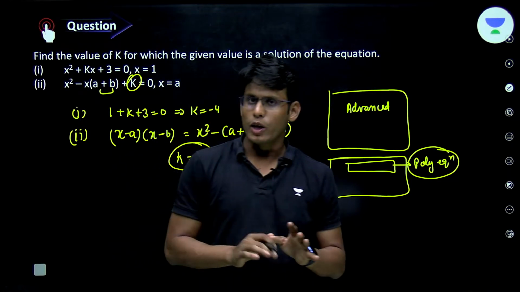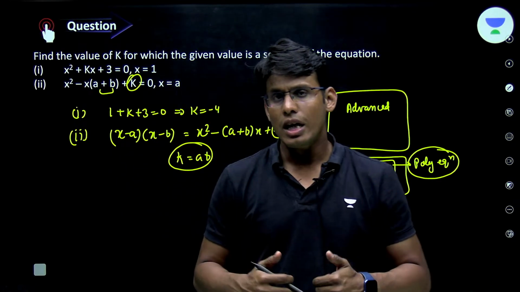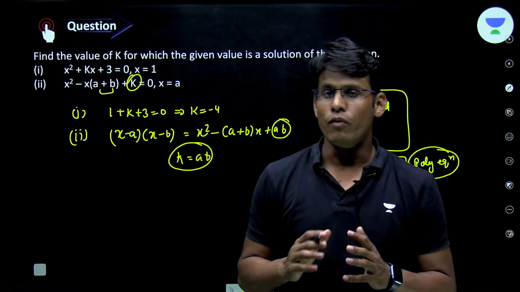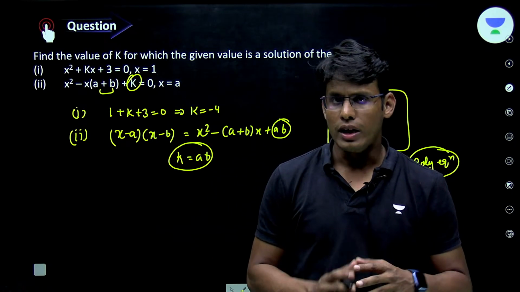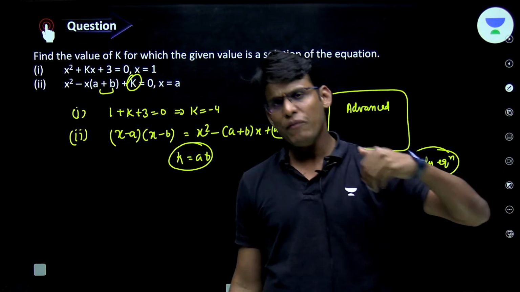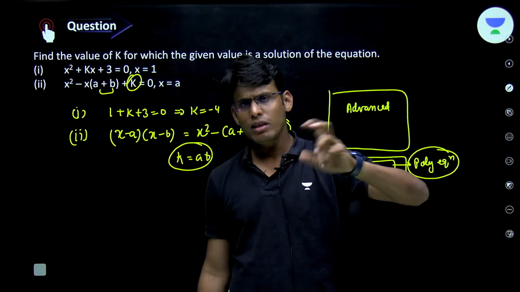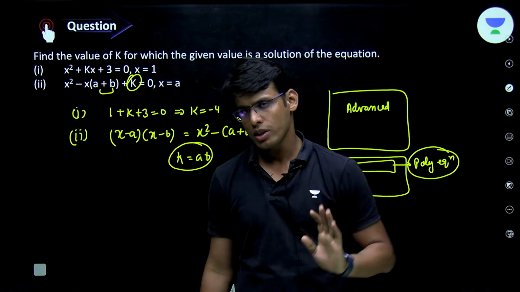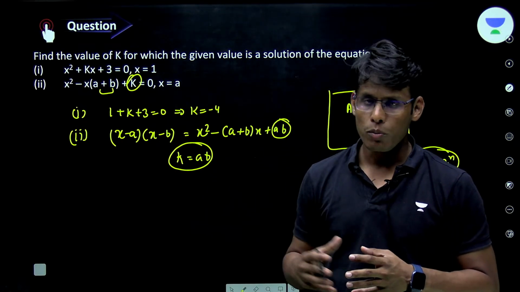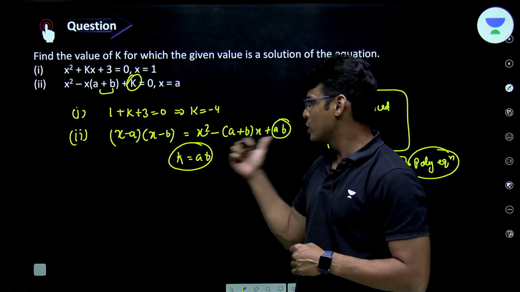Now there are certain equations which are called equations reducible to quadratic, which are not quadratic in the mother equation, but they can be formed quadratic by using certain mathematical operations. So we are going to deal with those problems first, but for that to happen, you need to say done here.